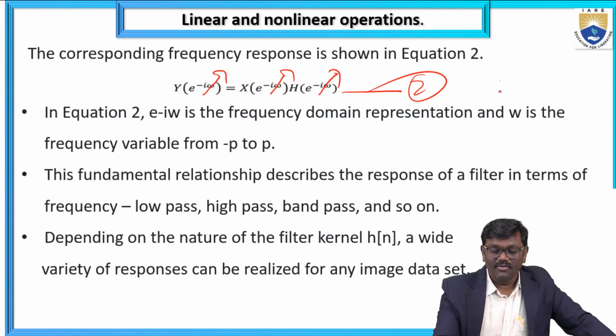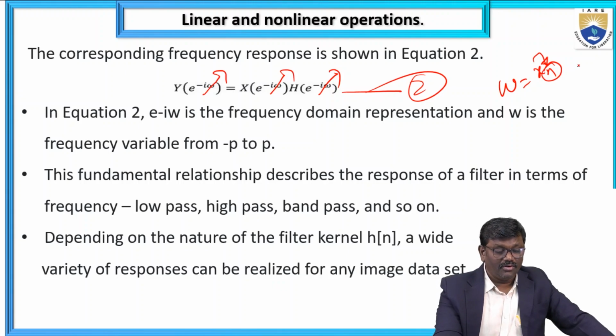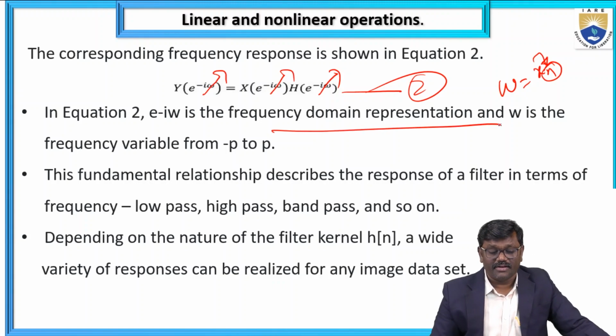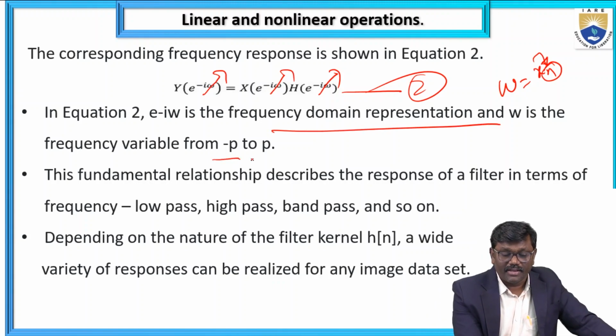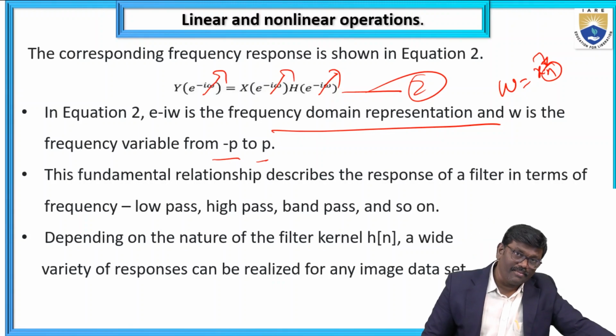What is omega? Omega always depends upon your input x varying in terms of n. Here we keep the frequency domain representation between minus pi to plus pi. What is pi?